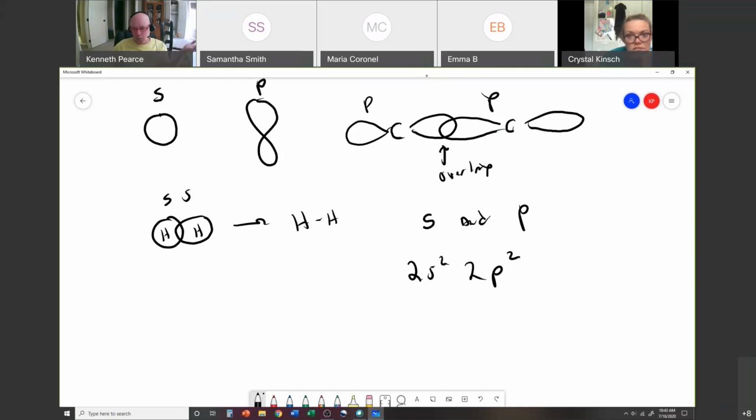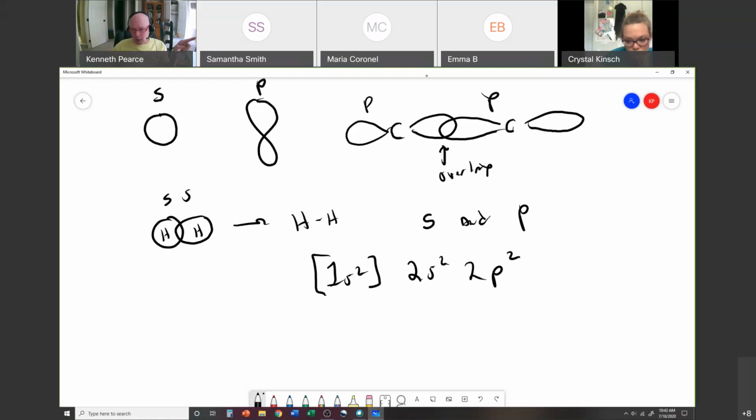If you look across, it goes 1s, the whole thing, if you count the filled inner shell. But if you just look at the valence electrons, it's 2s2, 2p2, and you'd expect to have s's and p's. What do s's look like? They're the round ones. And what do the p's look like? They're the ones that look like double balloon animals.